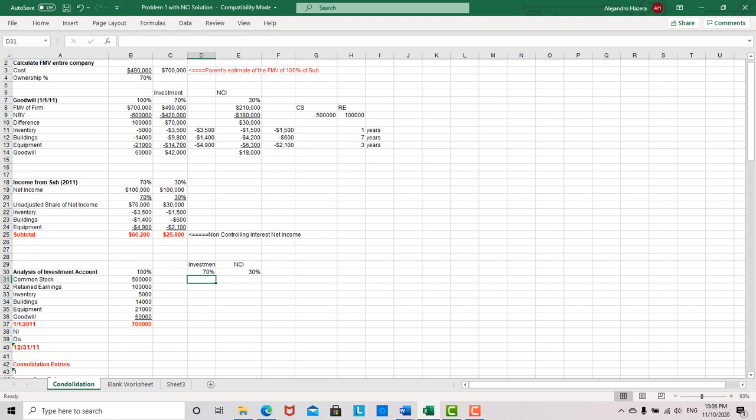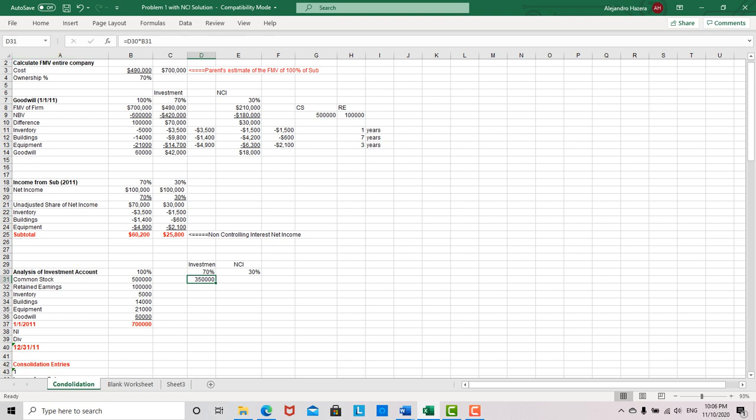Now let's just split it. We're just going to go ahead and split it 70-30 because you only own 70% of these things. So for this column, let's take each one of these times 70%. So 70% times 500,000, which is 350.